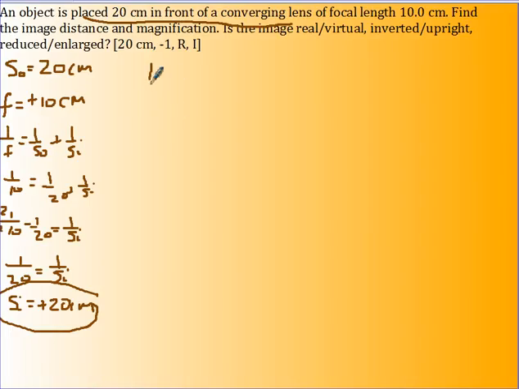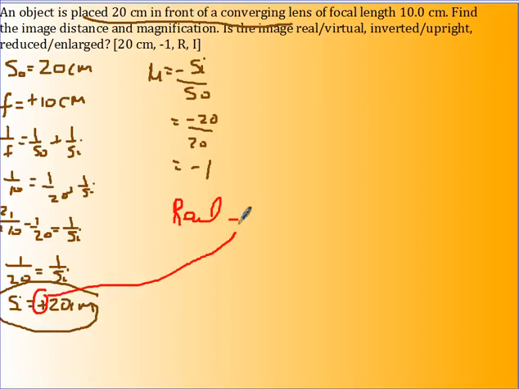The magnification is minus SI over SO. So it's minus 20 divided by 20, or negative 1. So let's see. This is a real image, and it's real because SI is positive.